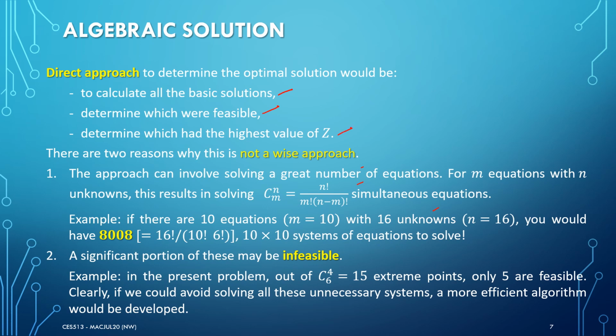There are two reasons why this is not a wise approach. The approach can involve solving a great number of equations. For m equations with n unknowns, this results in solving C(n, m), equal to n factorial divided by m factorial times n minus m factorial, simultaneous equations.